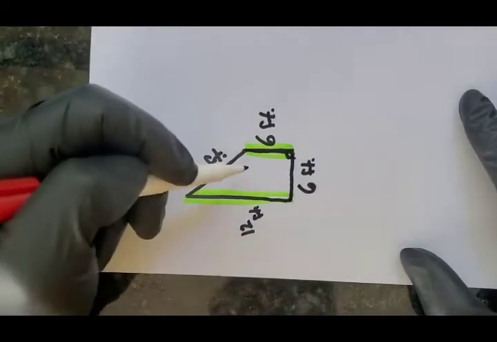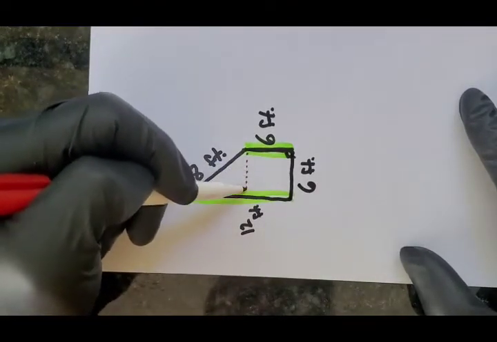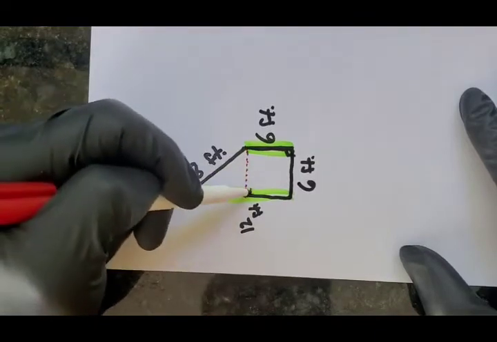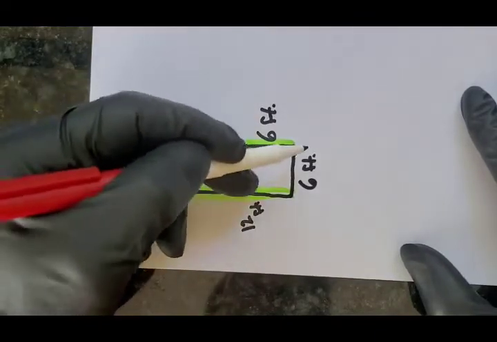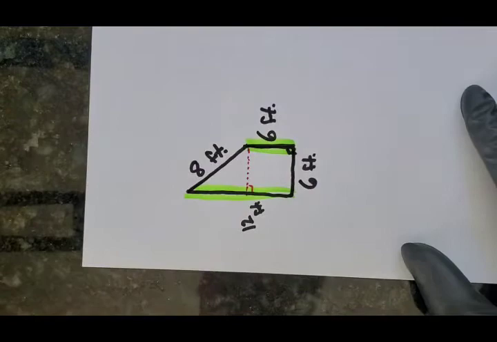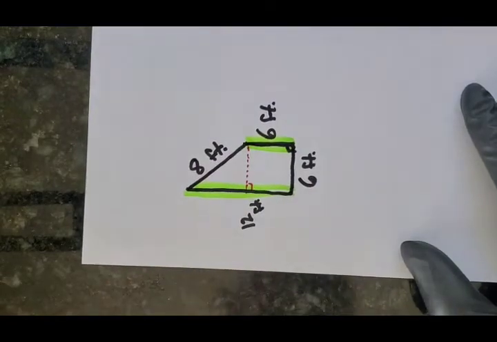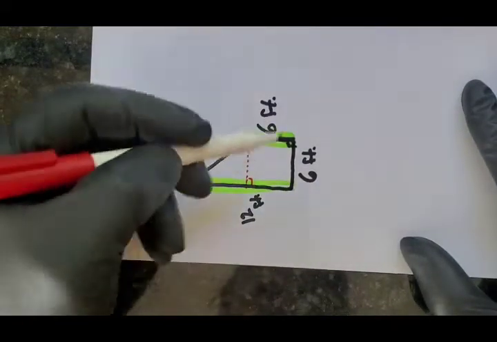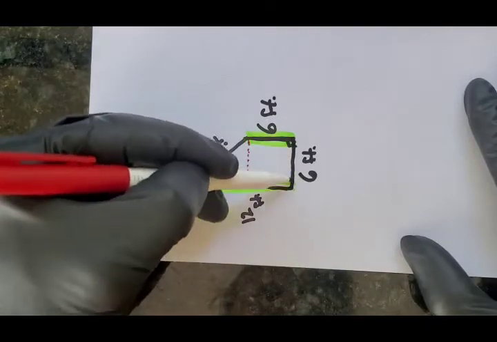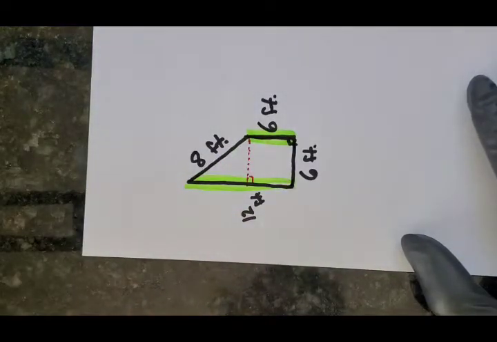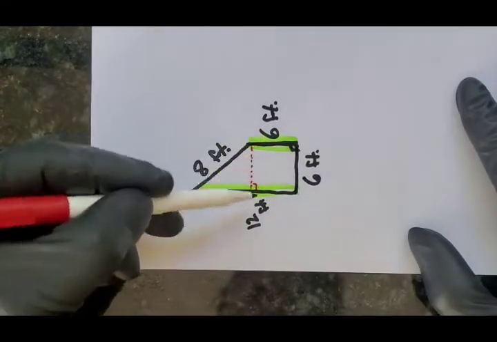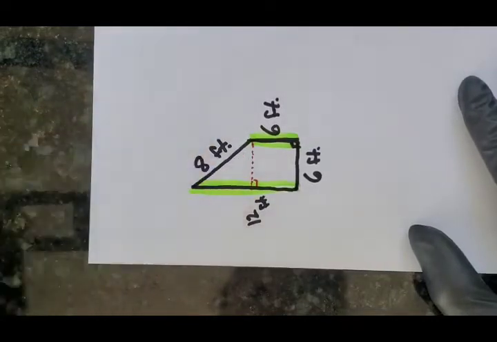And if you think about it, in this case, if I were to draw a distance between the bases at a right angle, that's just this length right here. Okay? So you could either do this if you want, or just use this distance between the bases as your height. So we have the bases, and then we have the height measurement.